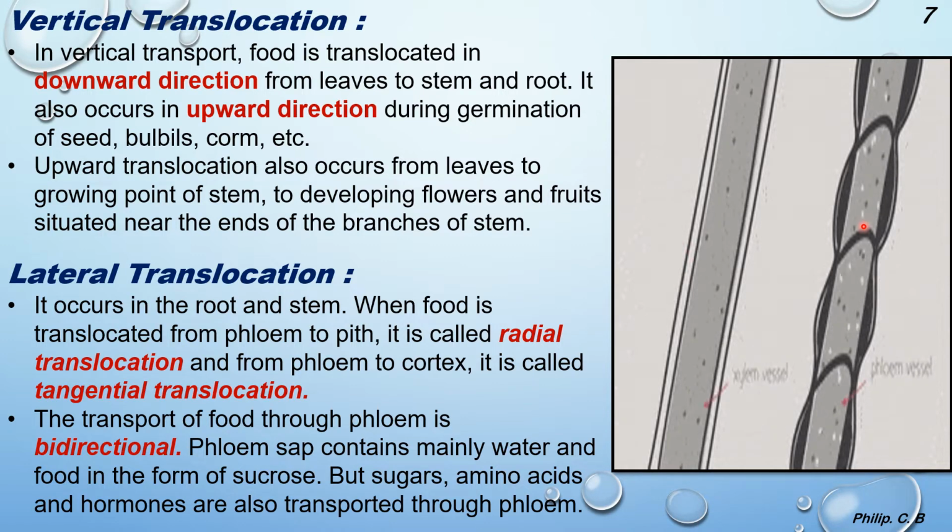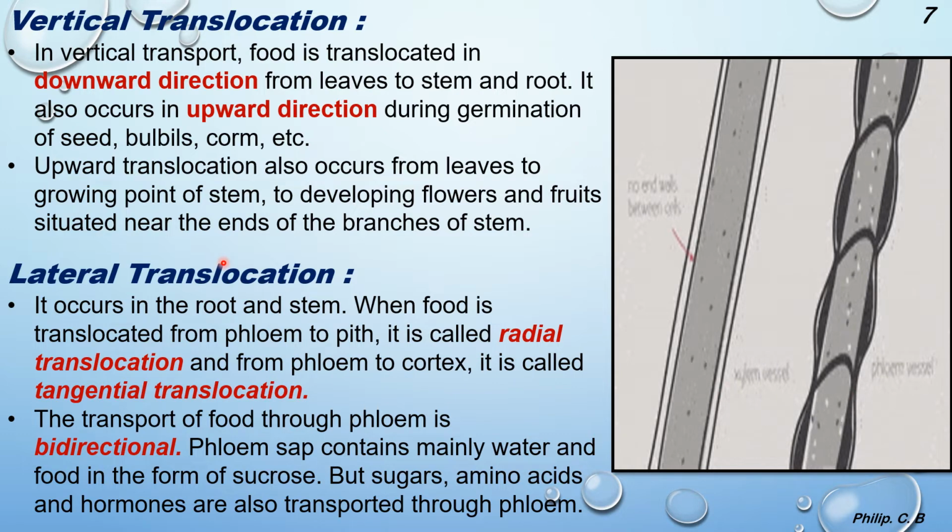Because the flowers or the buds, the fruits or other modified regions of the plant also require energy, the nutrient is supplied in the upward direction to the lateral region or to the various parts where the growth occurs, as given in the example seeds, bulbils, corm, etc. So the upward translocation also occurs from leaves to growing point of stem, to developing flowers and fruits situated near the ends of the branches of the stem where it is required.